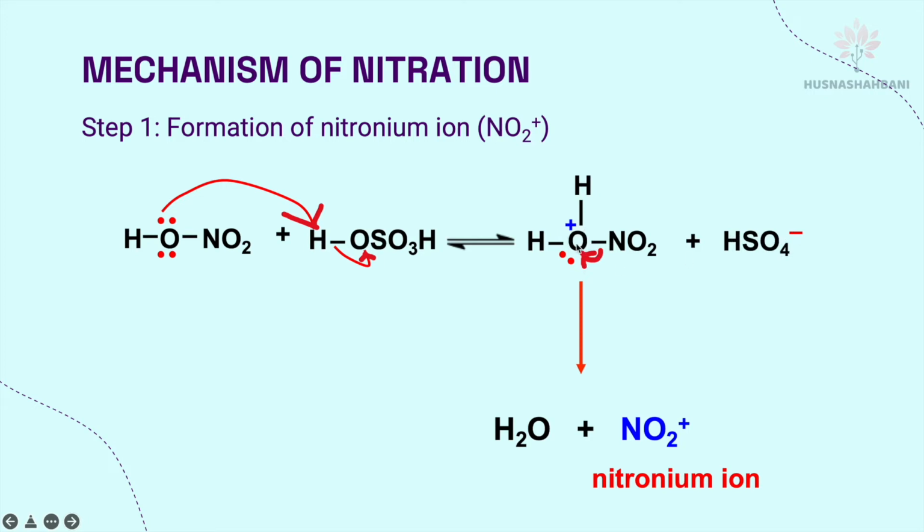This oxygen over here does not prefer to be positively charged. So with the bonding between O and NO2, both electrons are transferred back to the oxygen here, forming a water molecule and NO2 plus, the nitronium ion. Now NO2 plus is the electrophile. Now the benzene ring is ready to attack the nitronium ion.